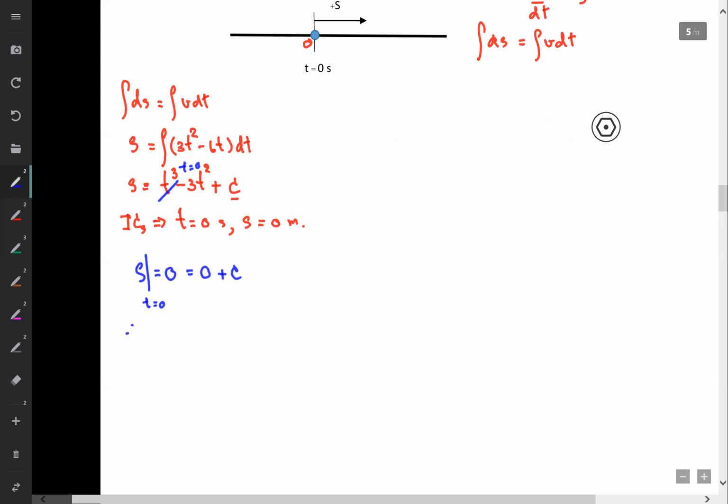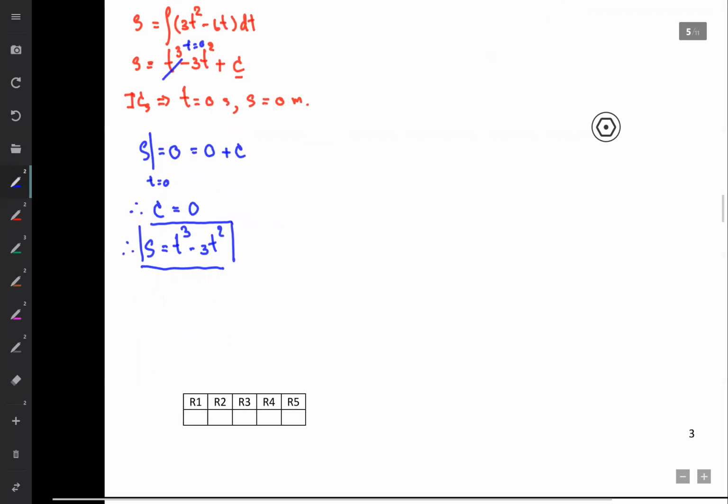What does it mean? It means that the constant c is equal to 0, right? Then we obtain s equal to t cubed minus 3t squared. This is the displacement function.